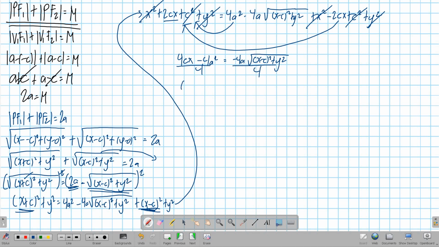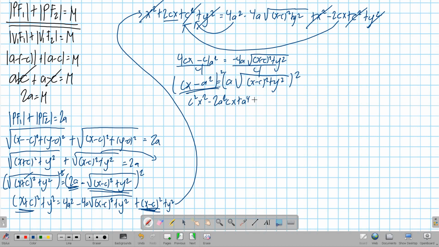So therefore, I'm going to have cx minus a squared is equal to a times the square root of (x minus c) squared plus y squared. So this is now what we square to remove that square root symbol, because we don't have a square root symbol in our general form. So squaring this binomial, I'm going to have c squared x squared minus 2a squared cx plus a to the 4th.